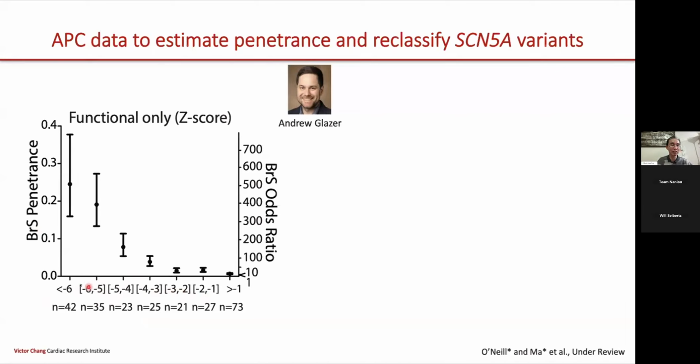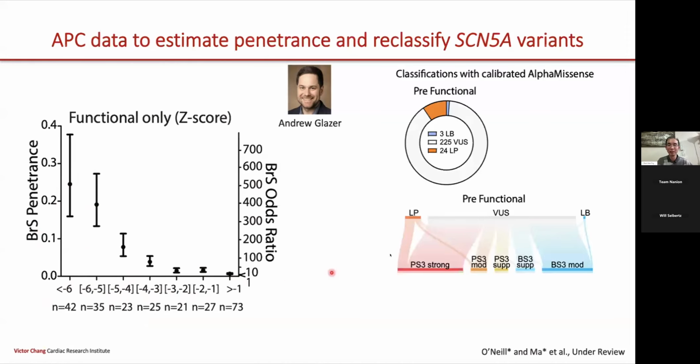And you can see the large effect size will have a higher penetrance, similar to what Brugada syndrome is in the population. And this suggests that what we measure using the patch clamp is consistent with the clinical observation. And to then see how useful it would be, regardless of whether this is true or not, for genetic classification with the evidence level that we determine.